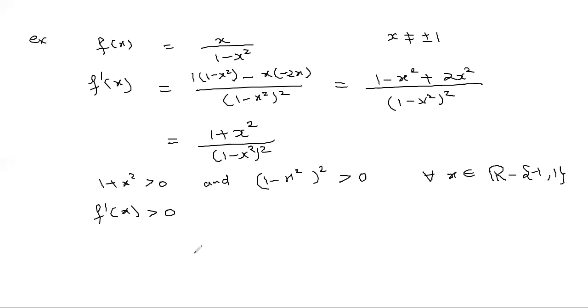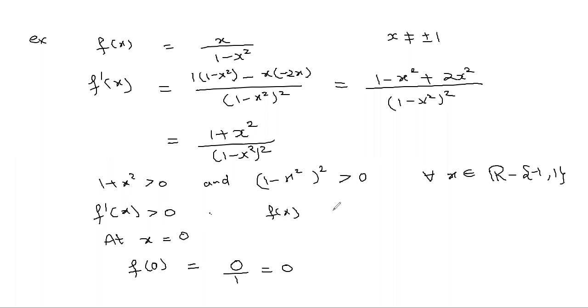This function has no well-defined maxima, by the way, but at x equals 0, the value of the function is simply 0 over 1 equals 0, which is the least value of this function. Because f(x) is a strictly increasing function, it can be observed because the first derivative of the function is always positive.